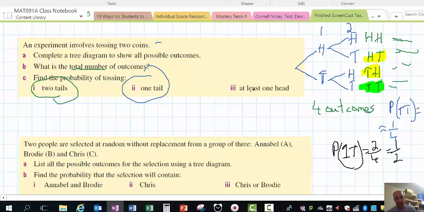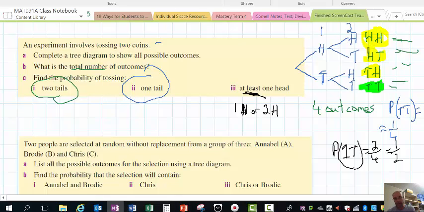And at least 1 head. Now that means 1 head or 2. Let's look at all of the ones that fit into that, and I'll go to yellow. So 1 head or 2. Okay, that's got 2 heads.